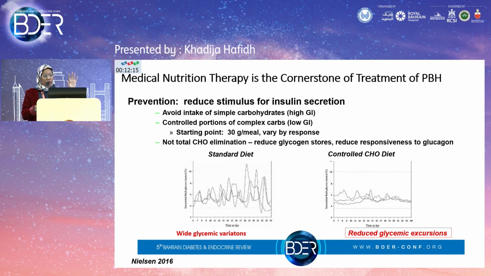And here, on my left-hand side, the standard diet, and you can see these glycemic variations, and Professor Ajahn talked about the glycemic variability that we don't want because that also has a risk for complications. And then with a controlled carbohydrate diet, you have a smoothing of the glycemic excursion. So this by far is the thing that works in post-bariatric hypoglycemia.